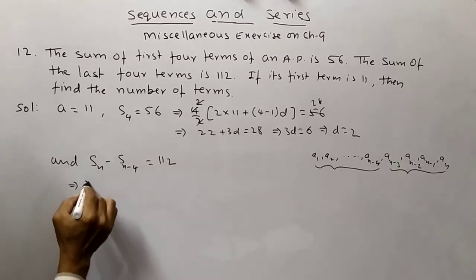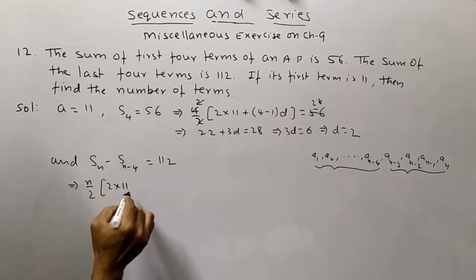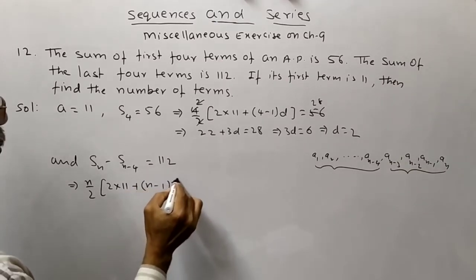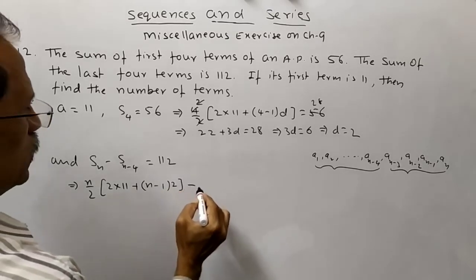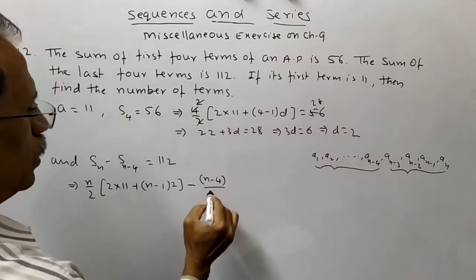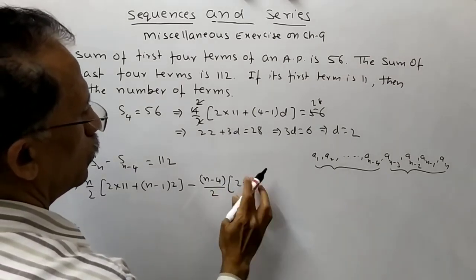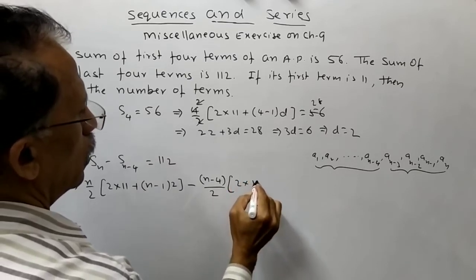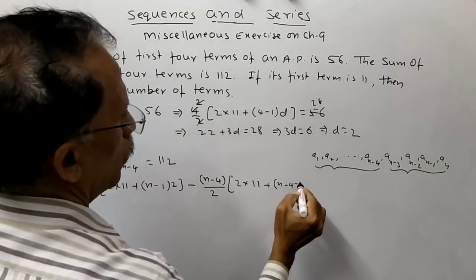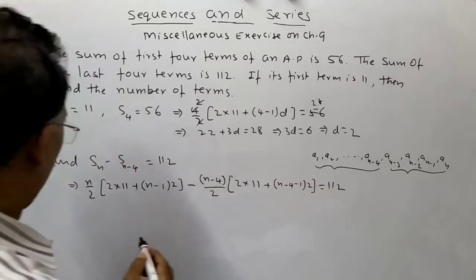This implies n by 2 into 2a, means 2 into 11, plus n minus 1 into 2, minus n minus 4 divided by 2 into 2 into 11 plus n minus 4 minus 1 into 2 is equal to 112.